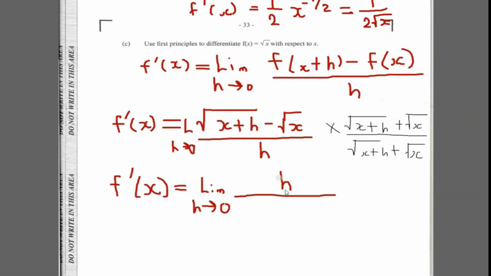Let's not skip any steps there. It's going to leave x plus h minus x in the numerator. In the denominator, we're going to have h times the square root of x plus h plus the square root of x.